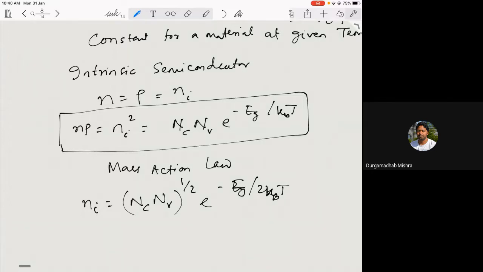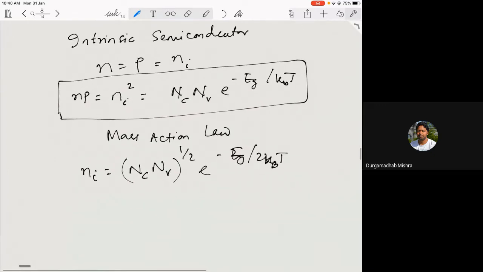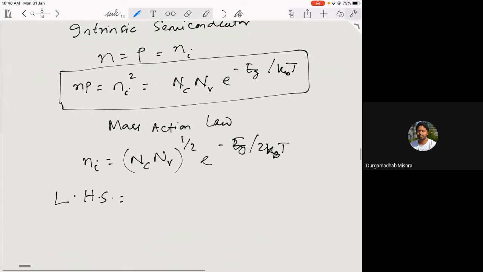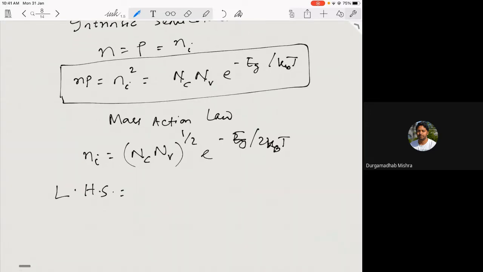The left hand side is np, the product, and this np is a rate of recombination, because the rate of recombination will depend on the concentration of n and p.